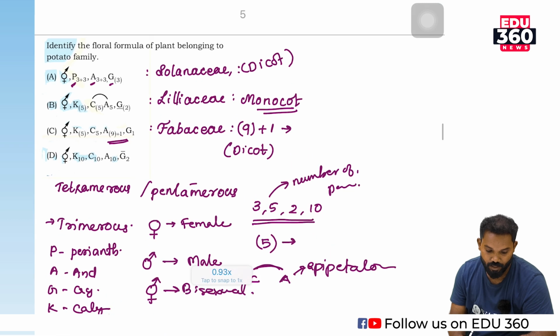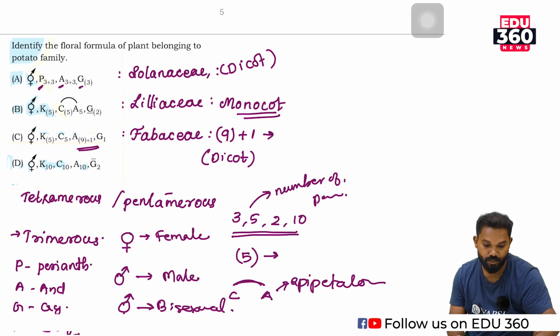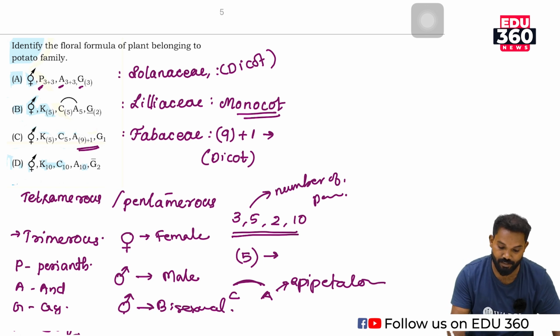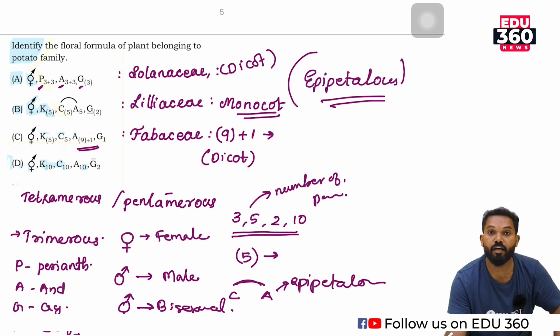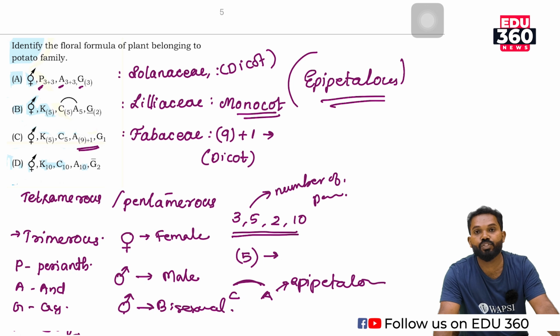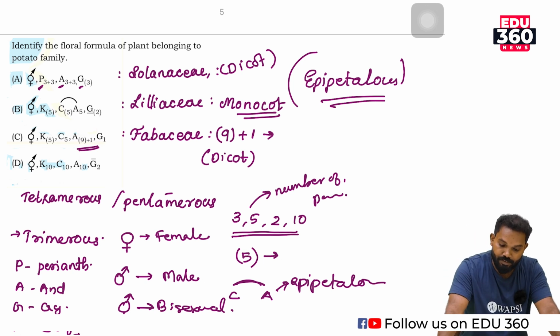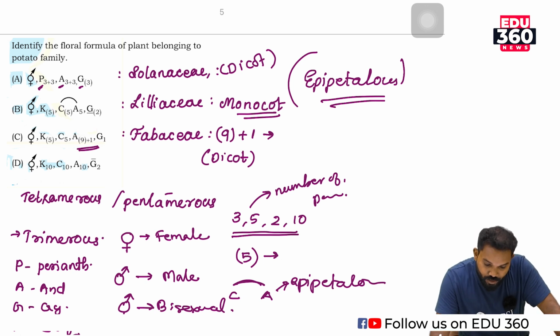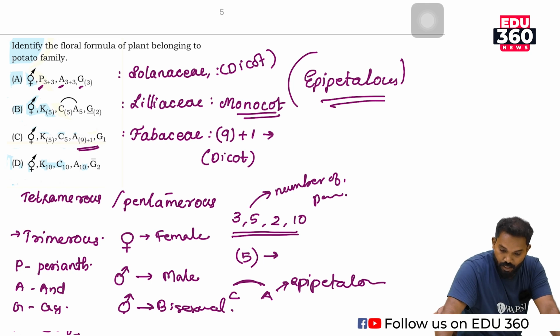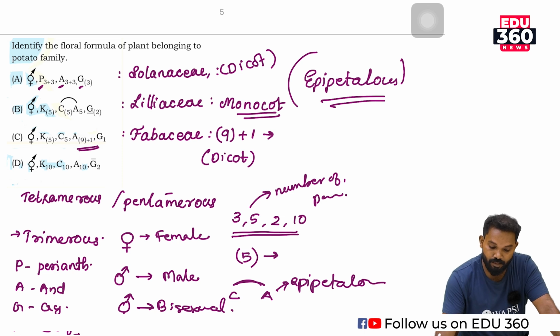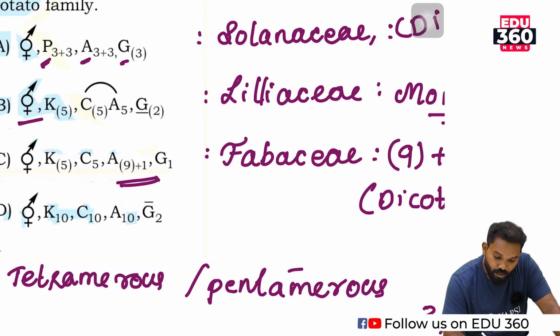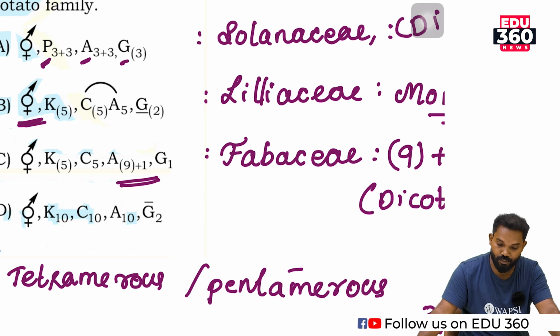So here, identify the floral formula of the plant which belongs to the potato family. The most important characteristic of the potato family is the epipetalous condition. That means the stamens are attached to the petals. The epipetalous condition is represented by an arch between corolla C and androecium A. Solanaceous flowers are bisexual.